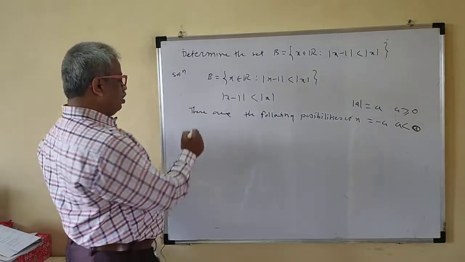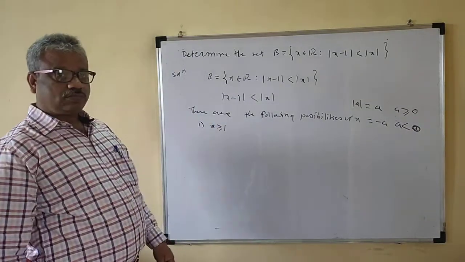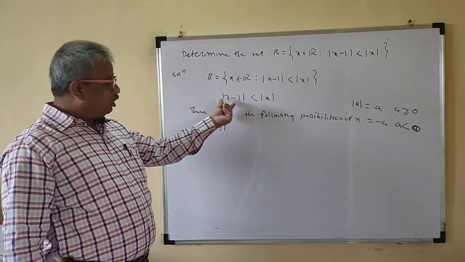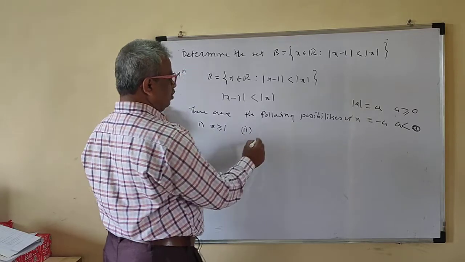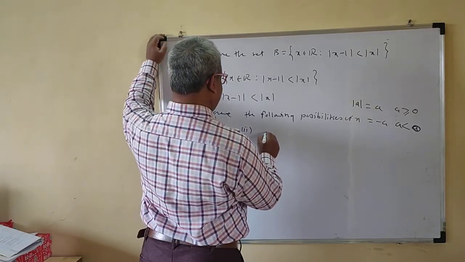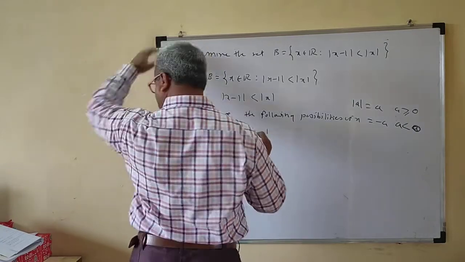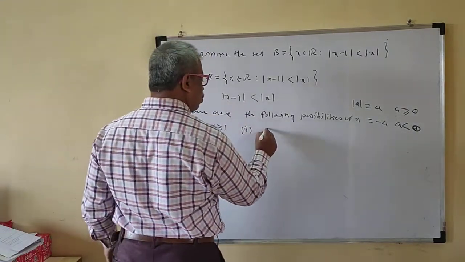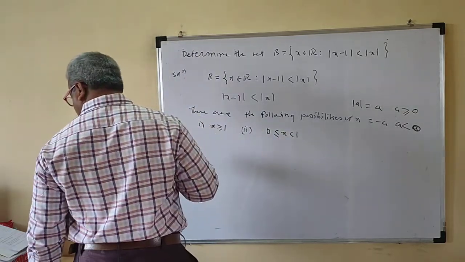First, x is greater than or equal to 1. If x is greater than or equal to 1, then this will be positive. The second condition is 0 less than or equal to x less than 1. And the third condition is what?